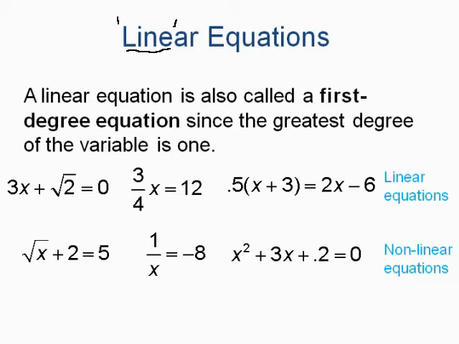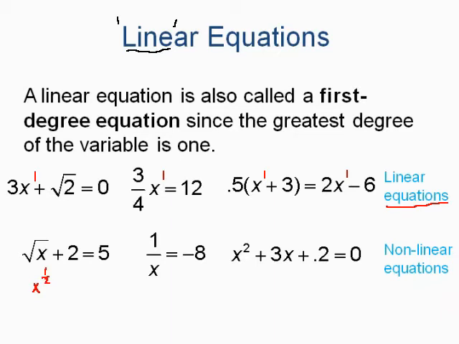All the variables in a linear equation are of degree 1, which means that the x is always to the first power. So notice in all of these examples of linear equations here in the first row, all x's are to the first power. Now, notice in the second row, these are called nonlinear equations. Now, why? Well, the square root of x, if you remember from previous courses, can be rewritten as x to the 1/2 power.